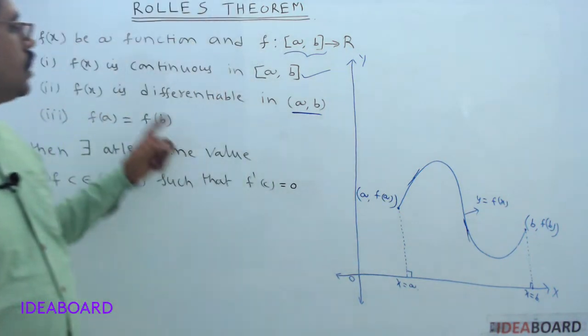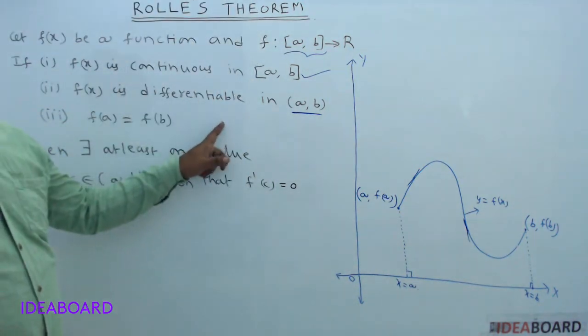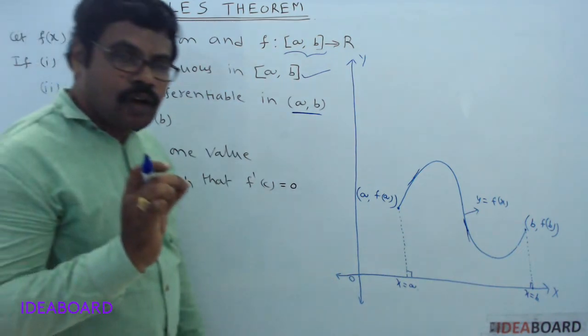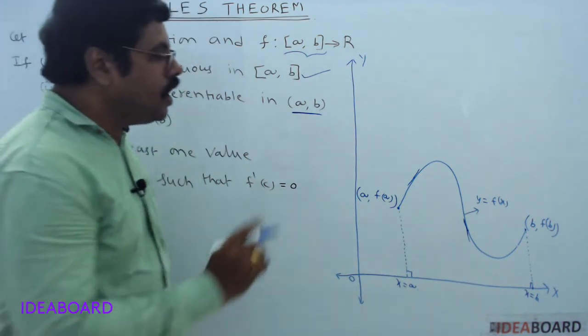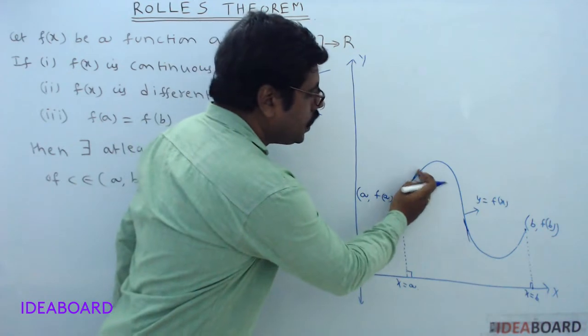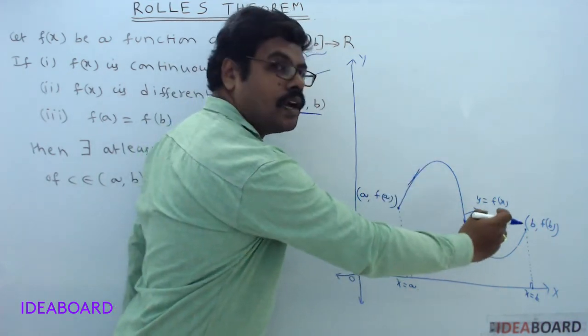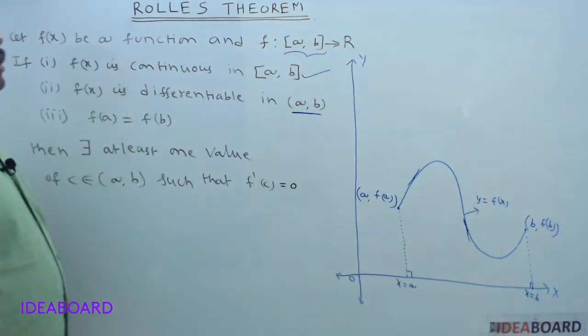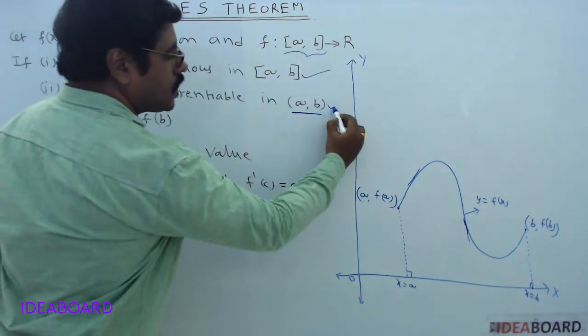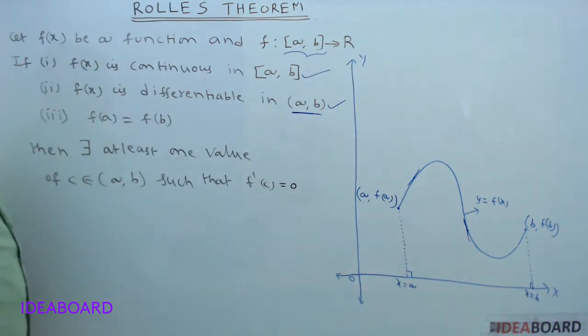It means the function f of x is differentiable. So f of x is differentiable means there exists a unique tangent at any point on its graph. Now from the graph, the second condition of Rolle's theorem is also satisfied.